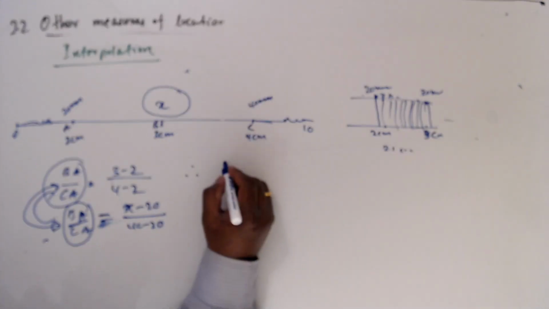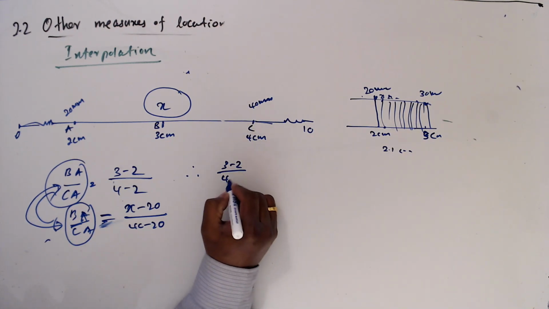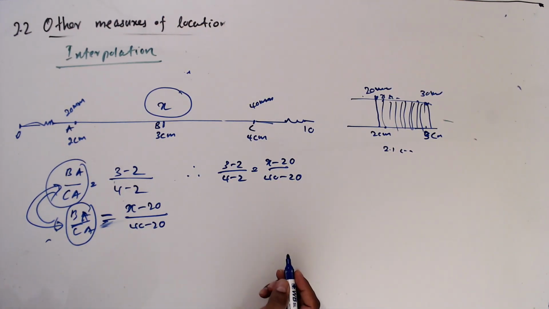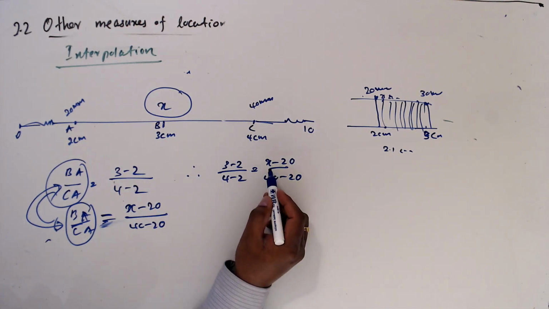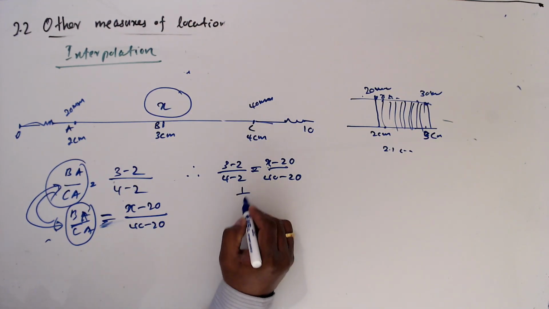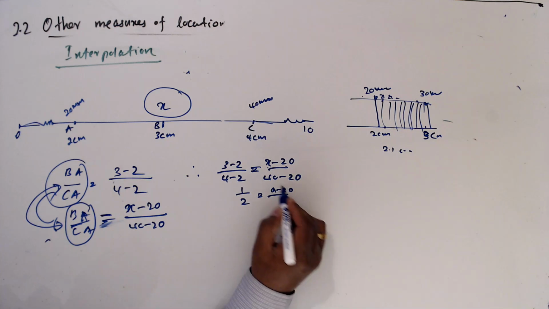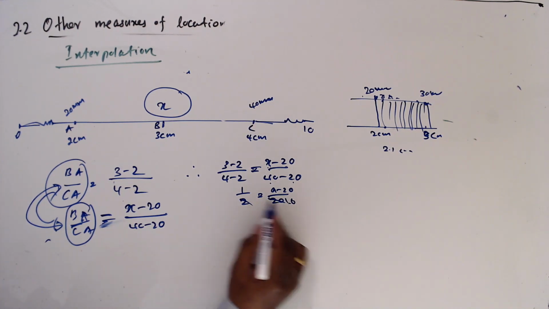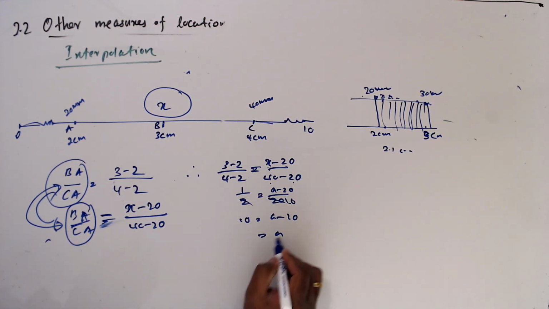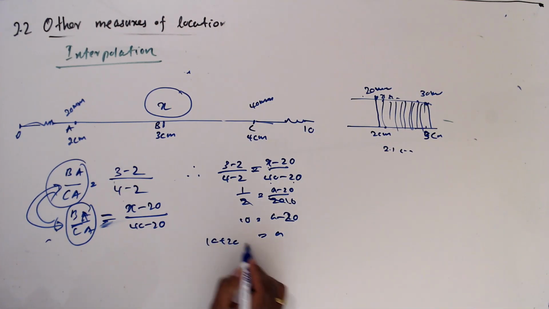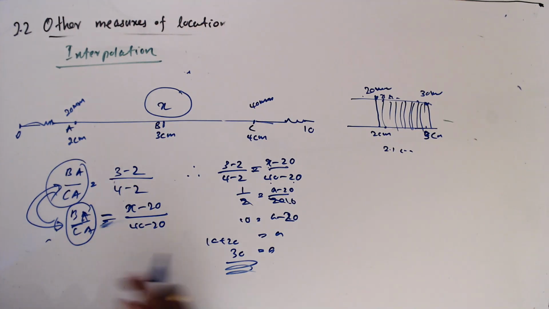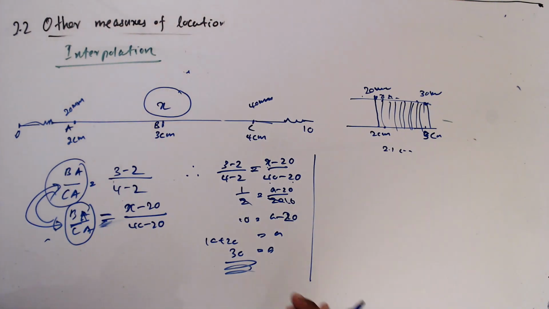Hence, 3 minus 2 over 4 minus 2 has to be equal to X minus 20 over 40 minus 20. And then this is the equation with one unknown. So 3 minus 2 is 1, 4 minus 2 is 2, X minus 20, then 40 minus 20 is 20. Then this is 2 and this is 1. You can cross multiply like this. Then X minus 20 equals 10, so X equals 10 plus 20, X equals 30. So this is interpolation. This is also right, but this is not smart.